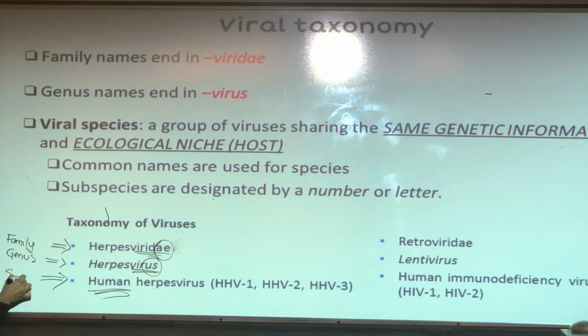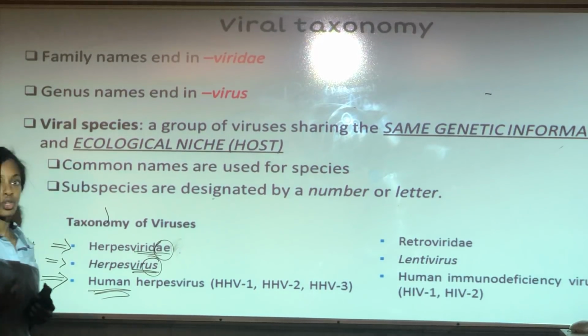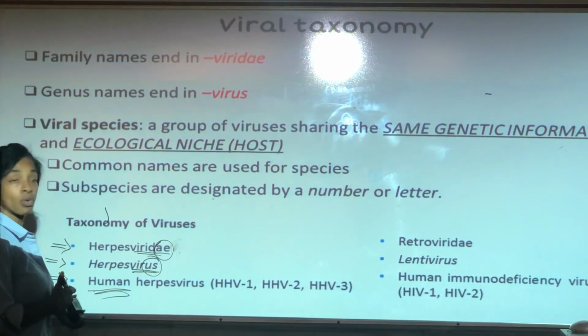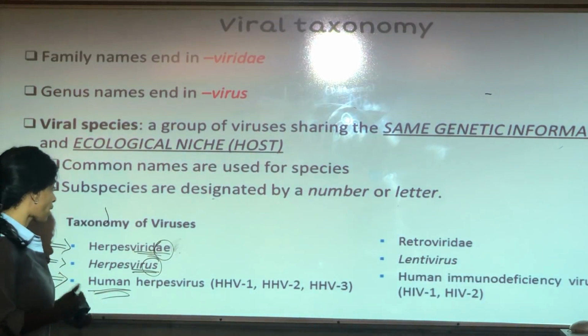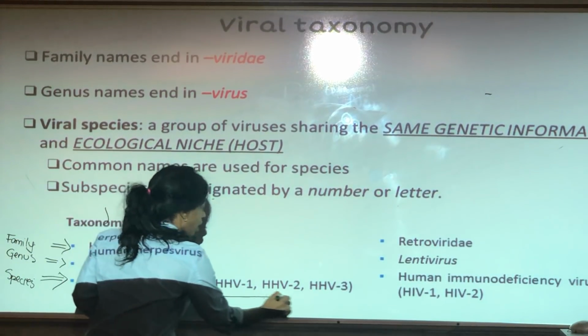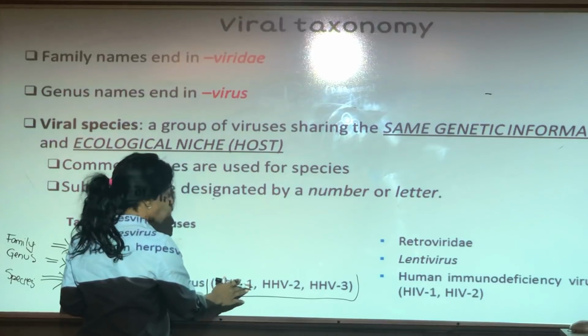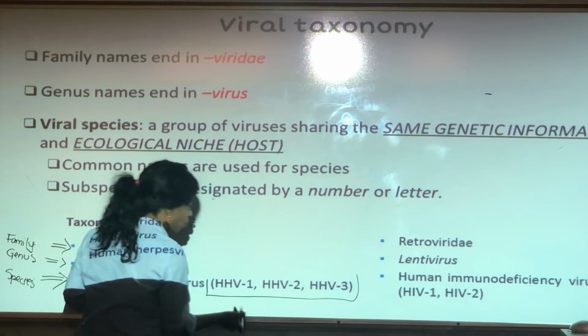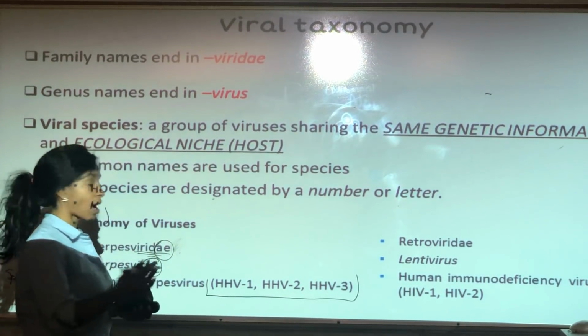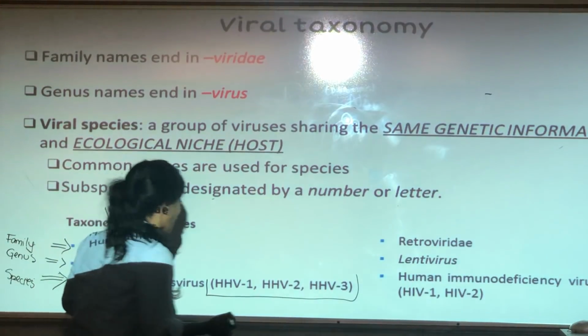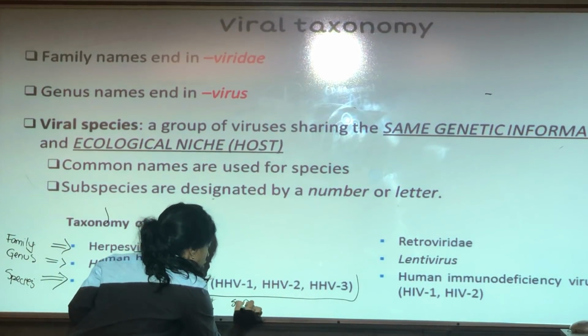So species, human herpesvirus, all right? We're identifying that it's going to infect humans, all right? And then for subspecies, sometimes they are labeled as 1, 2, 3, all right? Or with the herpesvirus, it goes all the way up until about 8, all right? So these will be the subspecies.